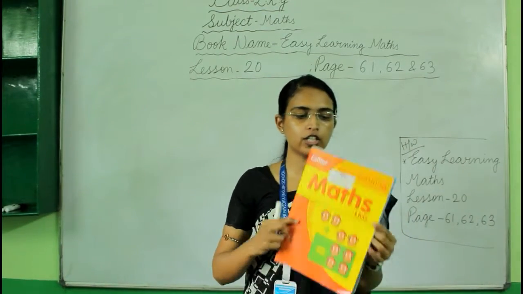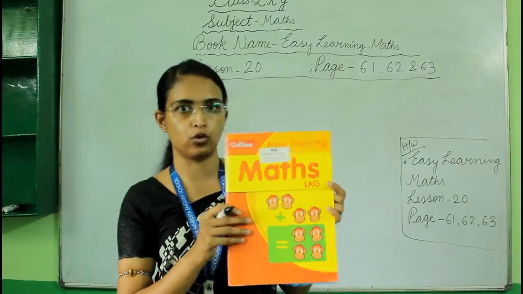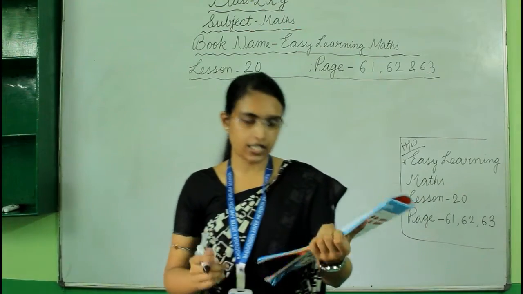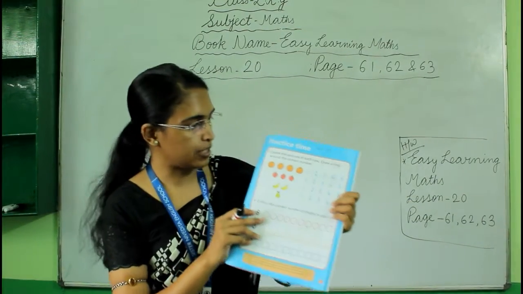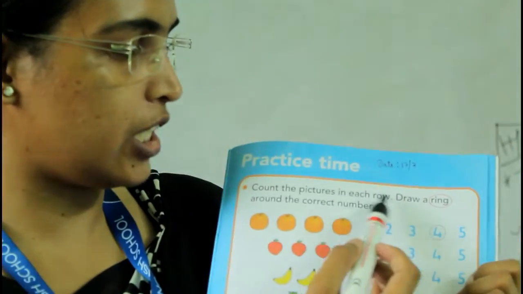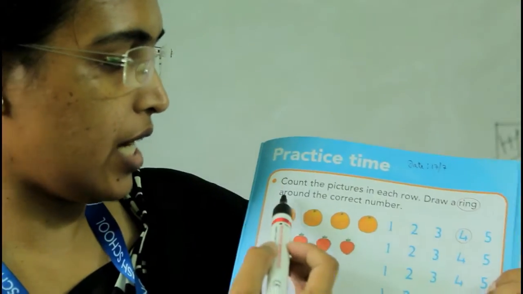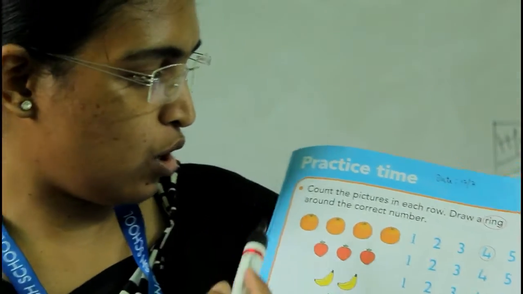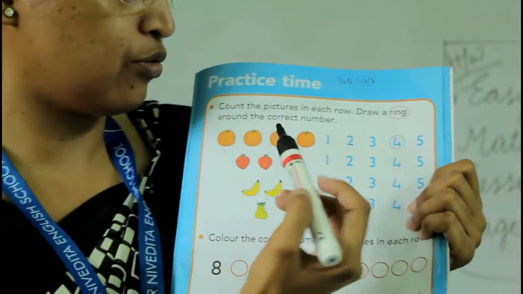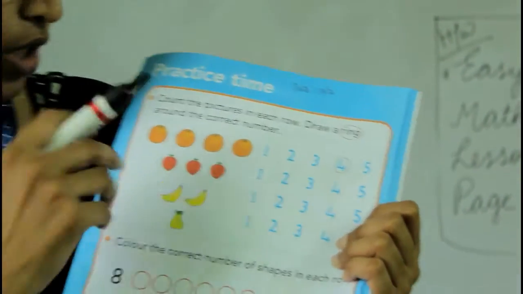Okay, now take out your easy learning maths book, this one. Now come to page number 61, this page. Now here what we have to do, count the pictures in each row, draw a ring around the correct number. So here are some pictures, we have to count these pictures and we have to circle the correct number, okay?